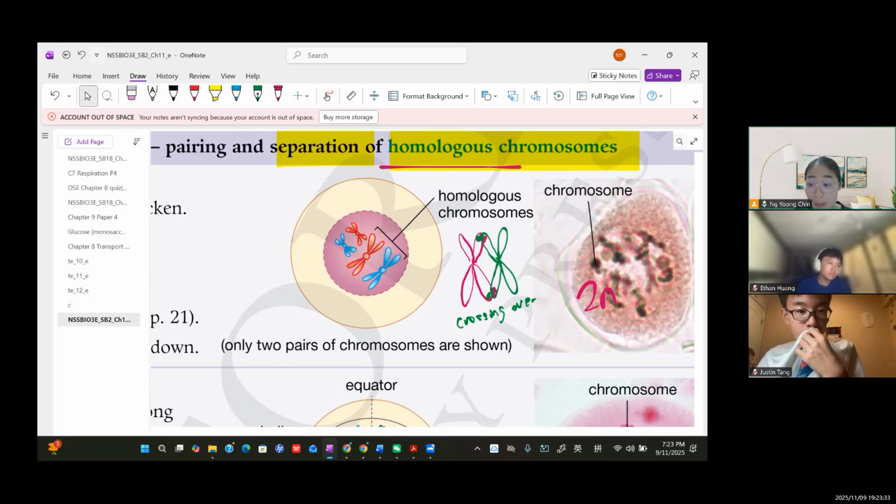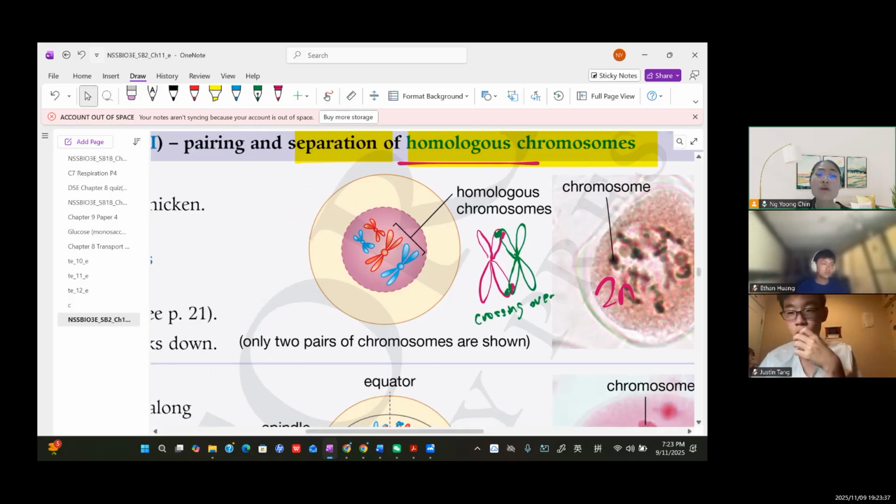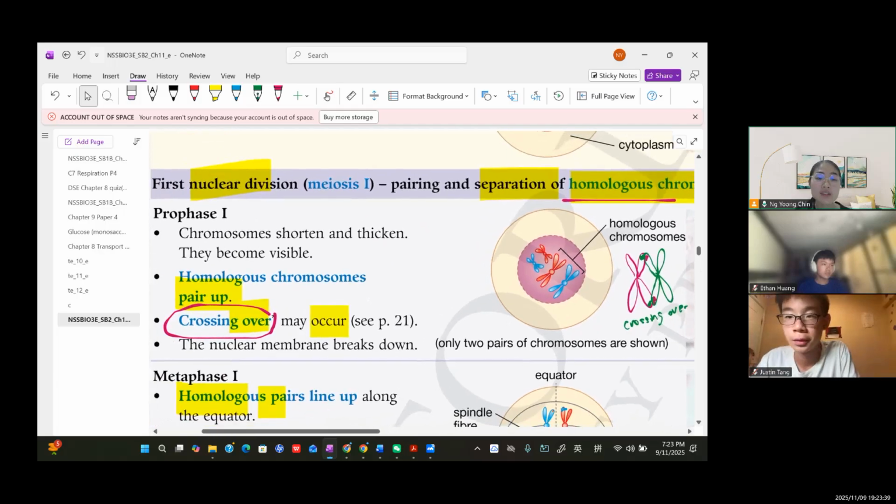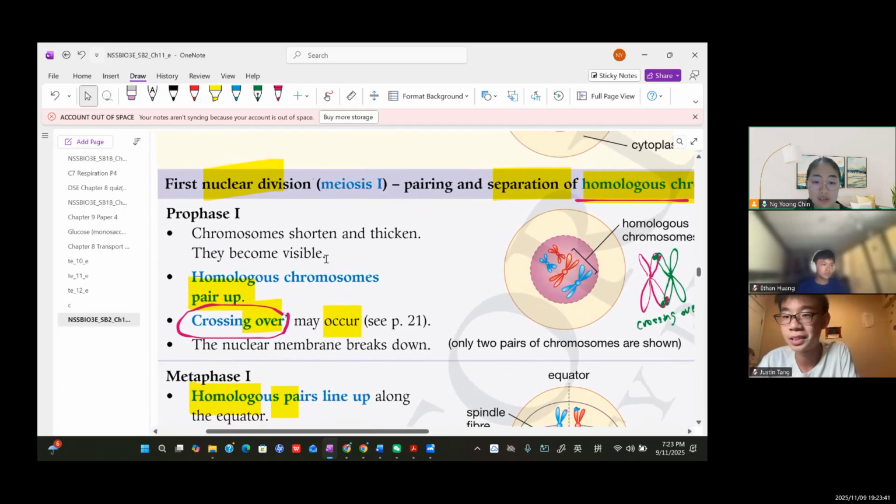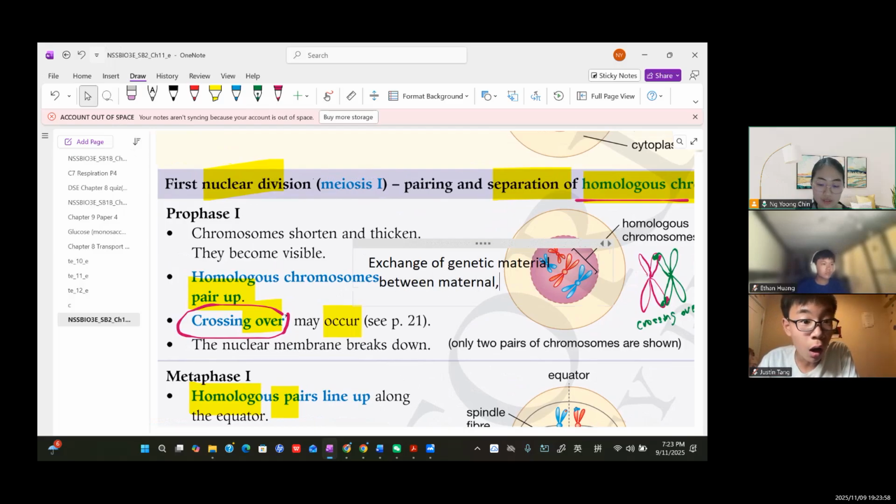So you know how meiosis can increase the genetic variation due to the crossing over? Because the crossing over allows the exchange of genetic material between the maternal and paternal chromosomes.